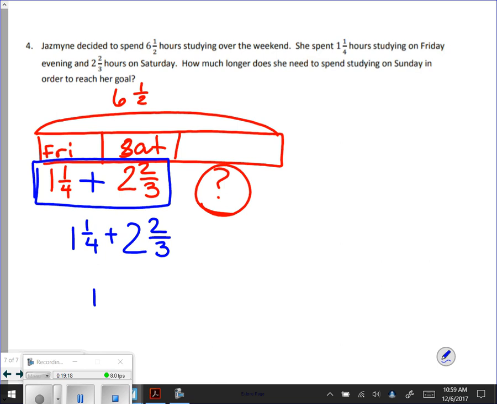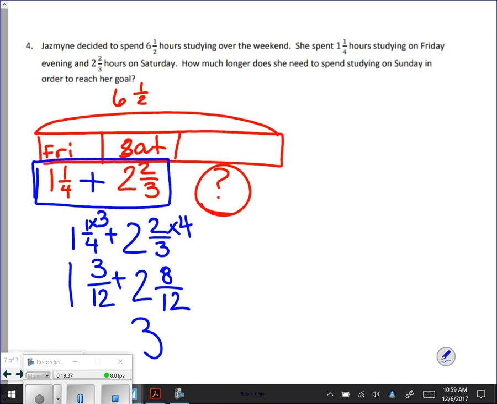So 12, 12. 4 to get to 12 is 3. 1 times 3 is 3. 3 to get to 12 is 4. 2 times 4 is 8. So then you get 1 plus 2 is 3. 3 plus 8 is 11. So these two days, Friday and Saturday, she did 3 11/12 hours.